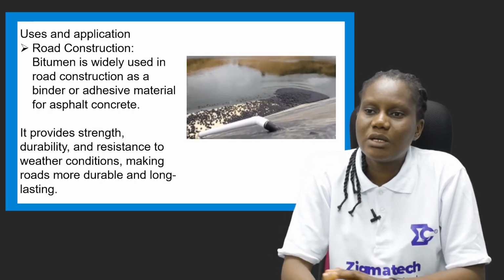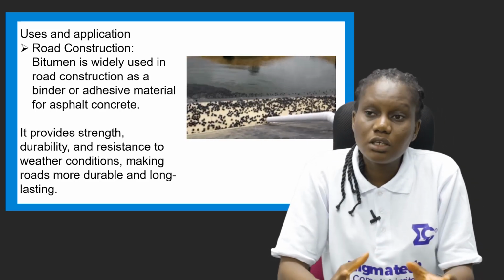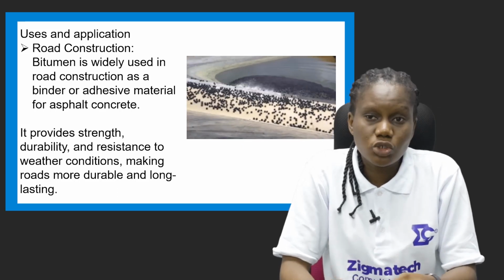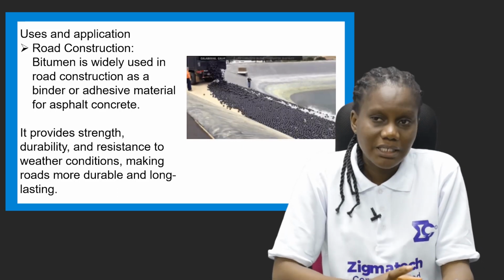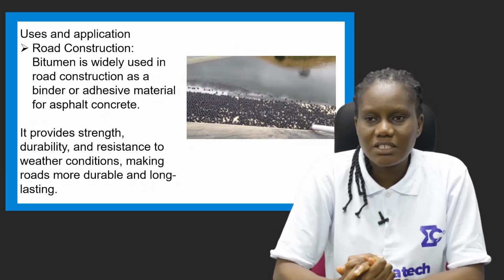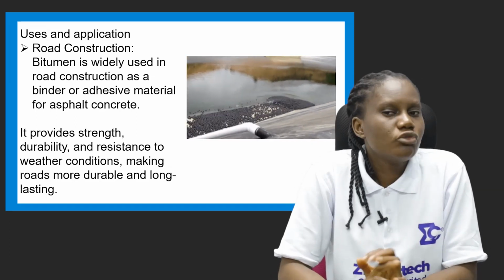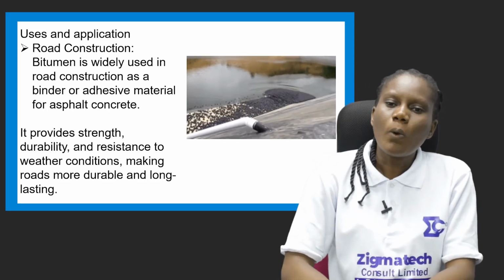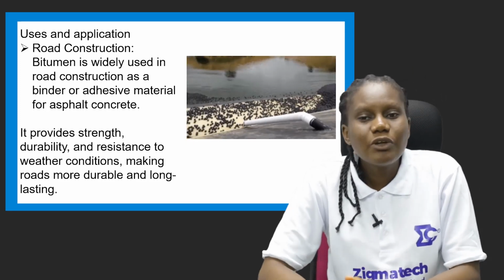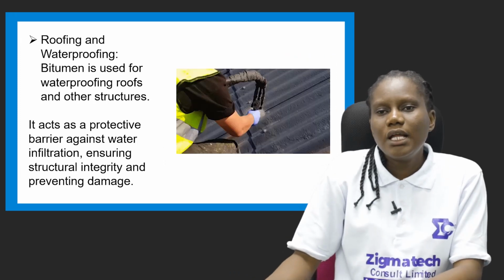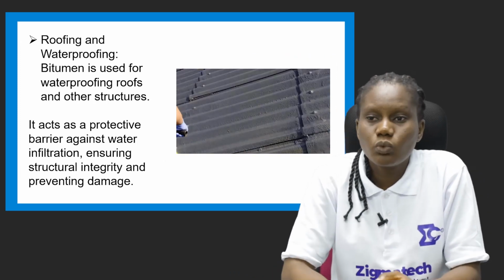If you remember, one of its characteristics is that it is sticky and viscous, so it can be used as a binder during road production. It provides strength, durability, and resistance to weather conditions, making roads more durable and long lasting. Number two is roofing and waterproofing.